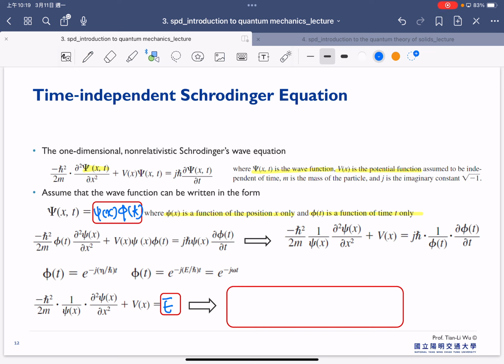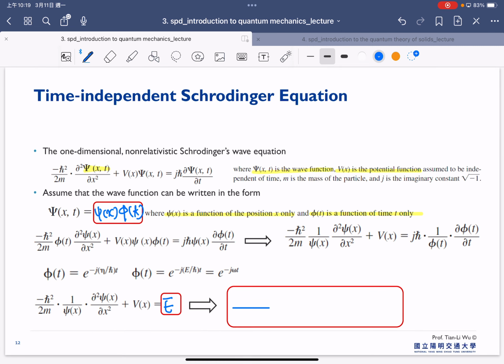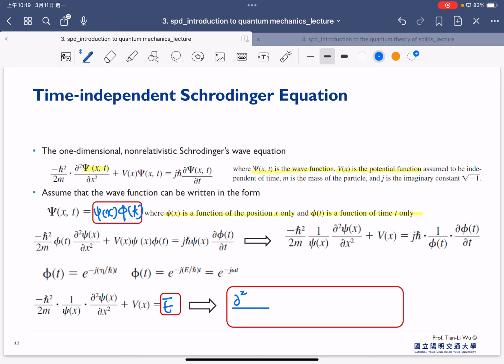The second derivative of phi(x). The most important part is that after all this calculation, in the end, the equation becomes time independent.